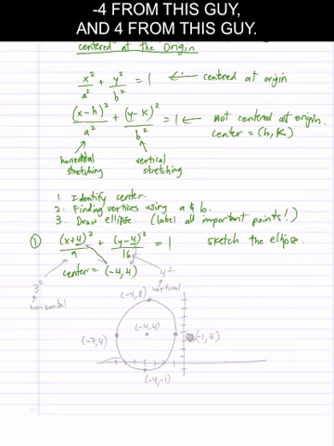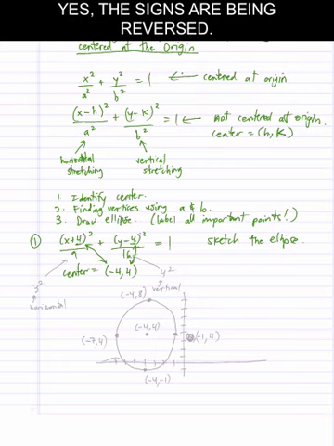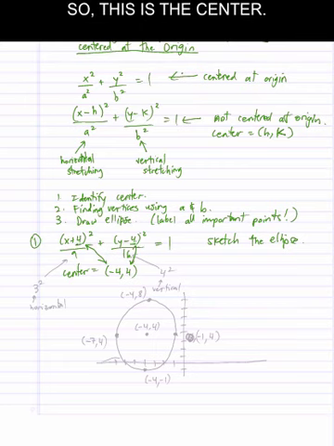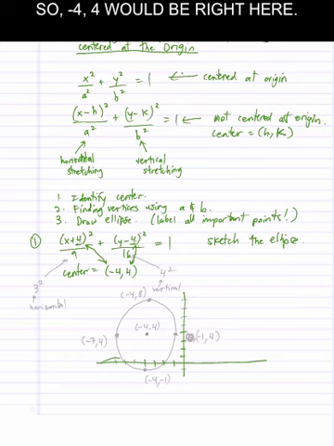Negative 4 from this guy, and 4 from this guy. Yes, the signs are being reversed. So this is the center. So negative 4, 4 would be right here.